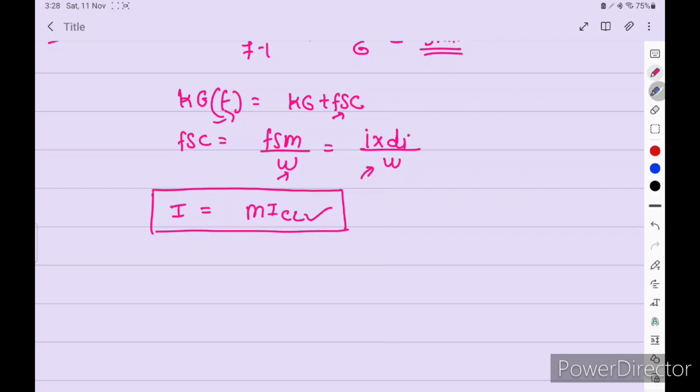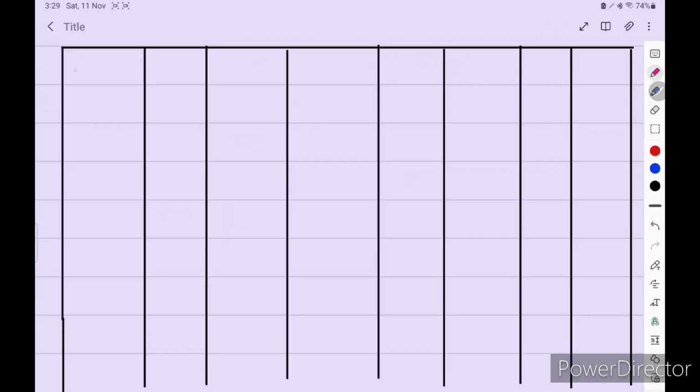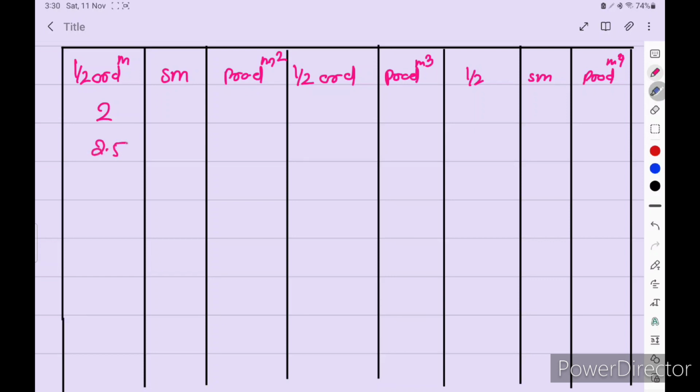Okay, so let's move to the table. The table is ready: half ordinates, system multiplier, product, then half ordinates square, then half ordinates cube. Put the values in the formula: 2, 2.5, 3.9, 5.2, 6.7, 8 and 10.1.